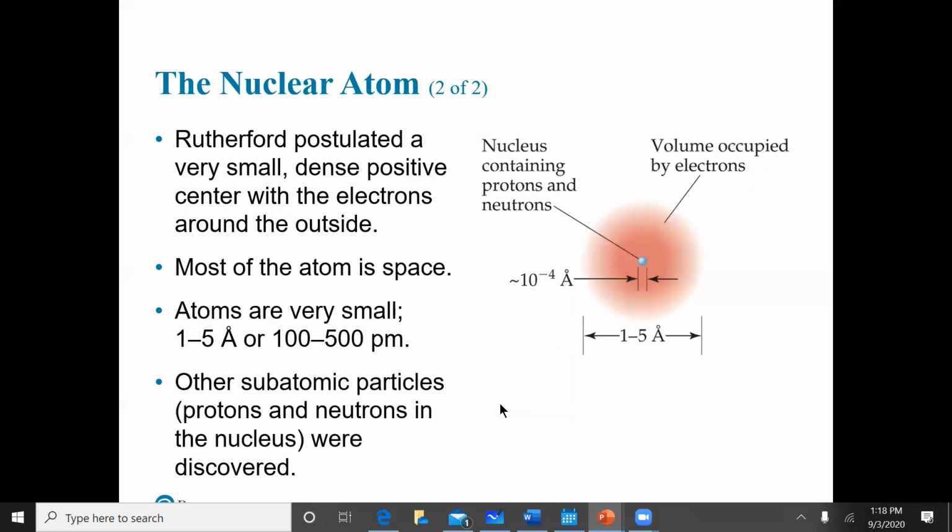So he said that the nucleus was an extremely dense positive center with the electrons around the outside. What we ended up finding was that actually most of the atom is empty space with a very small amount of mass in the center, and then the electrons, which are so teeny tiny, take up a very, very small amount of mass.